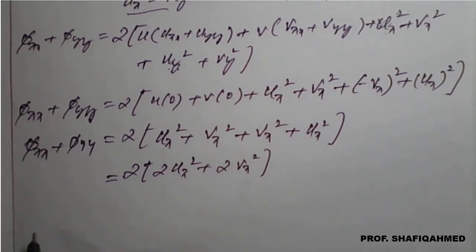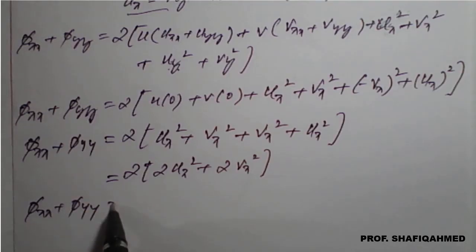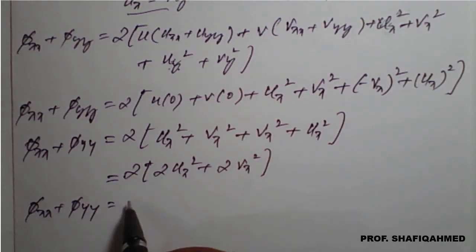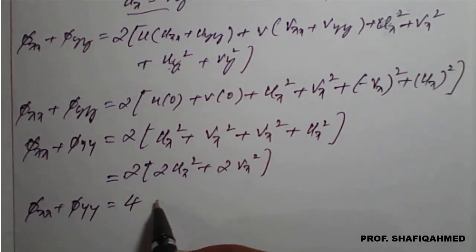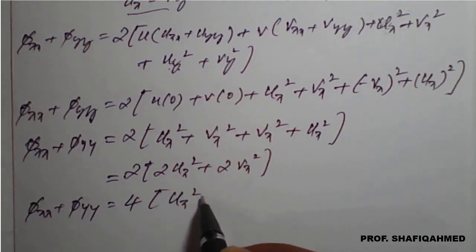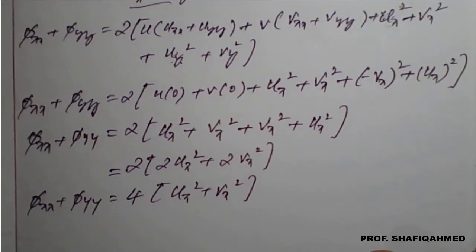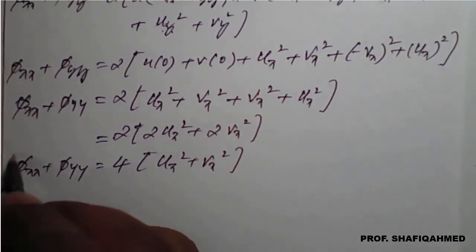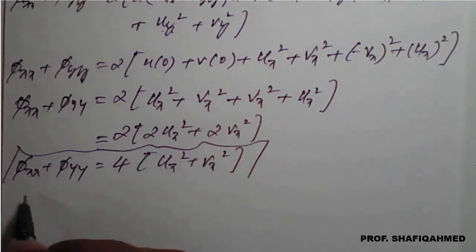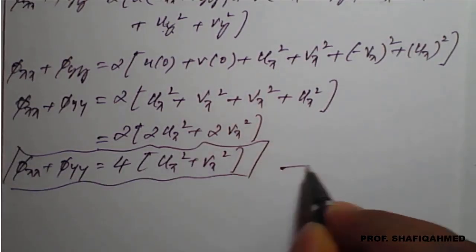So take 2 common, phi xx plus phi yy is equal to 2 into 2, that is 4 times ux square plus vx square. So we got this result, so this result number 4 I will give.